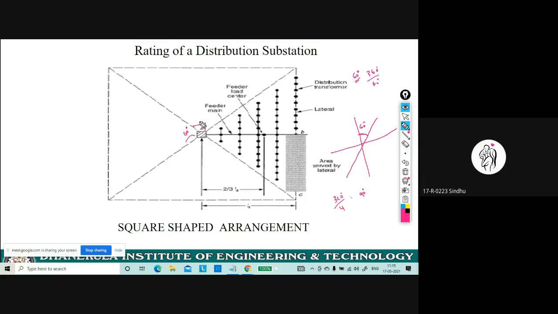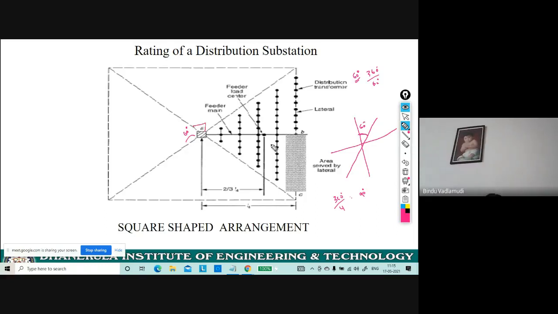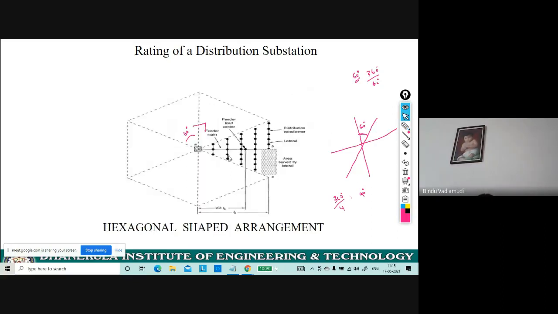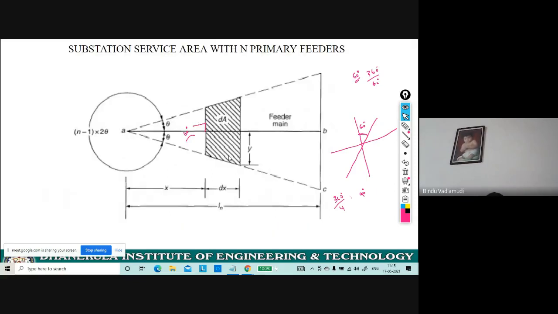So if the arrangement is a square, the angle is definitely 90 degrees, and if it is hexagonal, the angle is 60 degrees. Are we saying that the value is a fixed value, either 60 or 90 and so on?